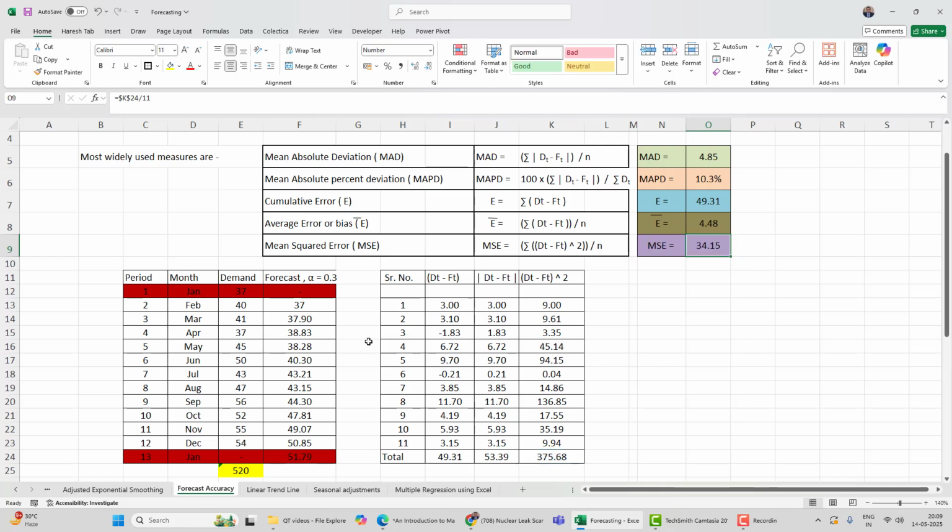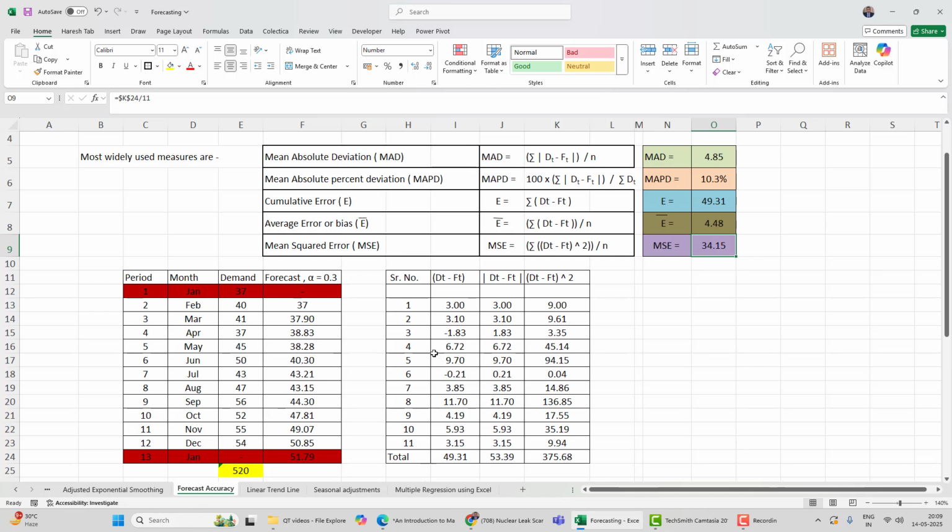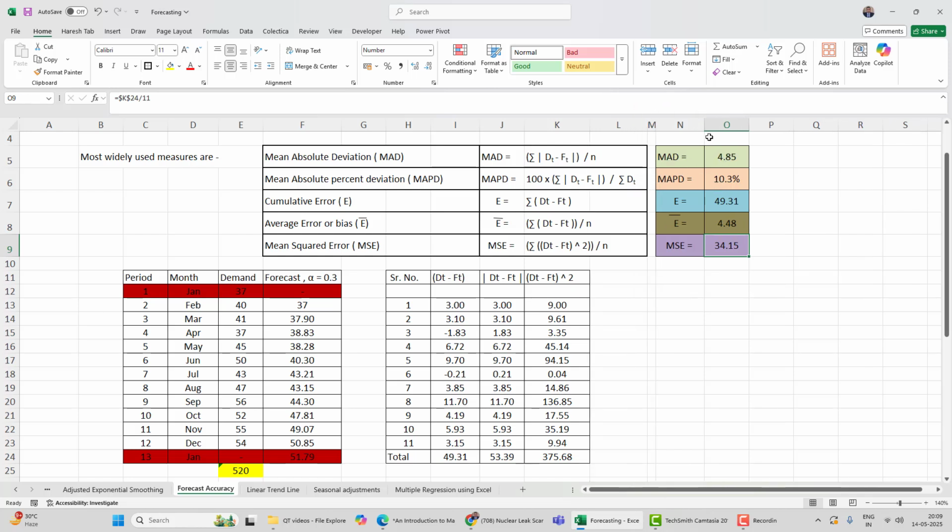Now this is for the particular forecast where we used alpha equal to 0.3. Suppose you have another method of forecast, or another alpha, or alpha and beta. First you calculate the entire table of forecast and then create these columns to find the errors for that forecast.